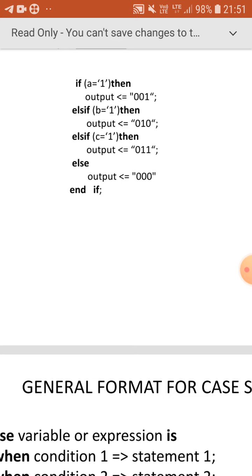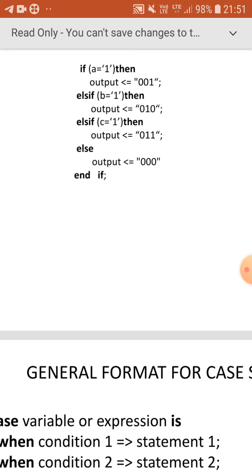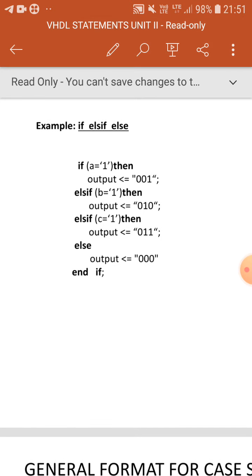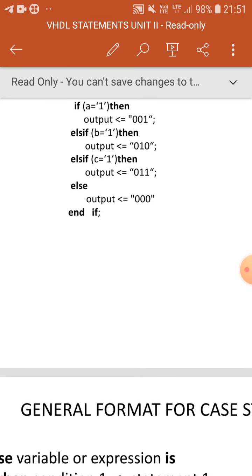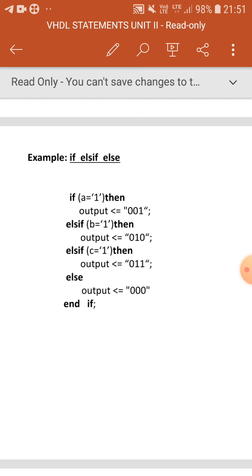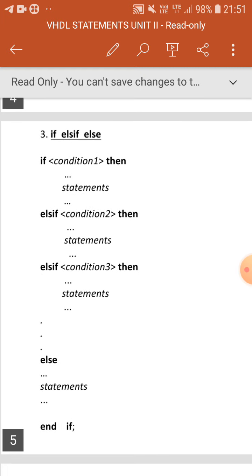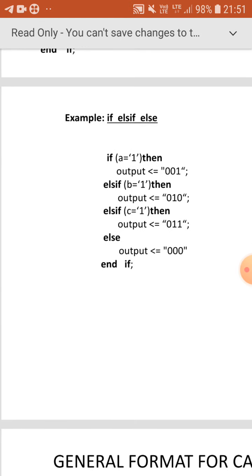So it goes to else statement. So 0, 0, 0 is assigned to output. So the last line, end space if. This is the example for if else if else statement.